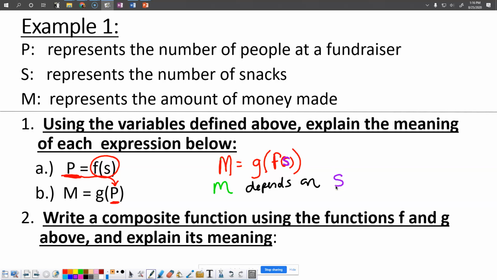Now, over here, M depended on p, but I just replaced p with a function that has s in it, and now that makes M depend on s. And therefore, I can say that the amount of money made depends on the number of snacks.